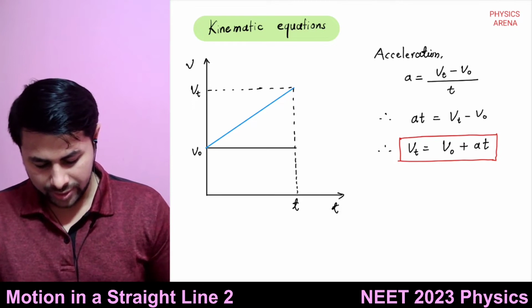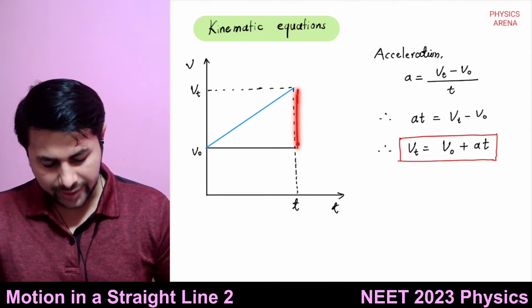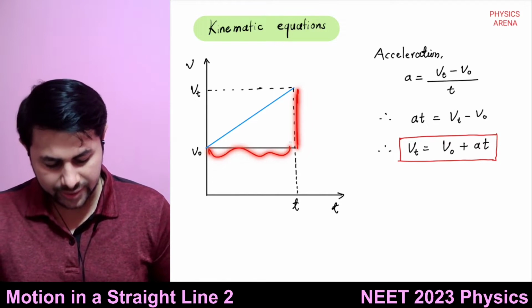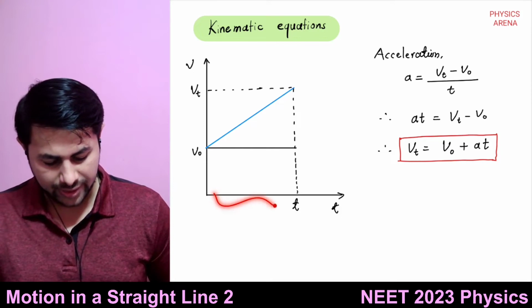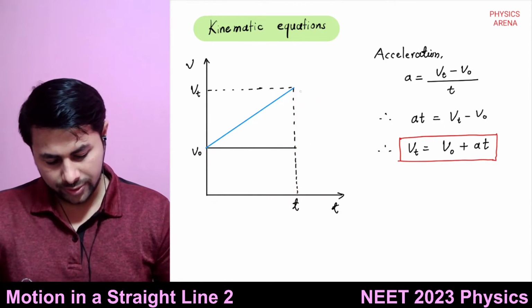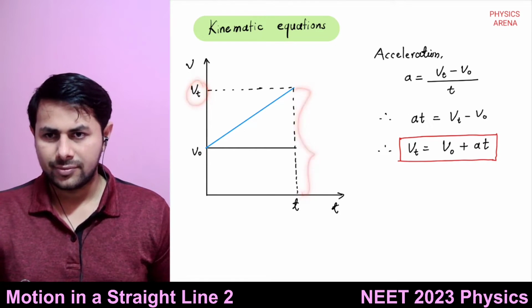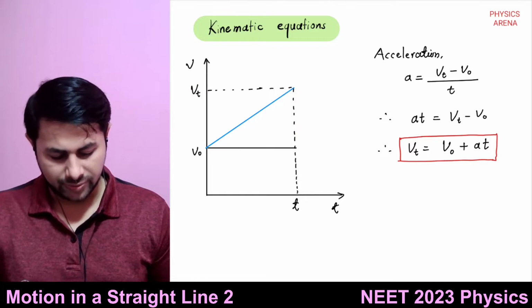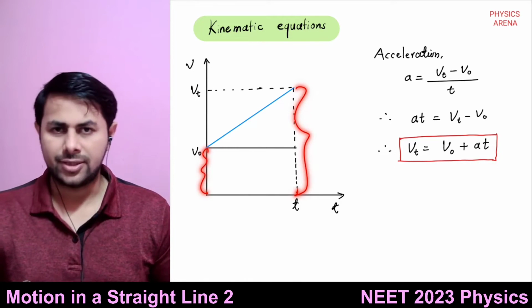So how much would be this length? This length is time, equal to t, we know. How much would be this length? This much length is vt, and this much length is v naught.